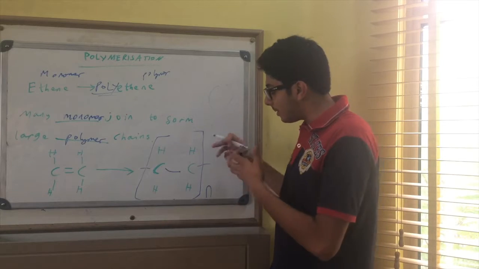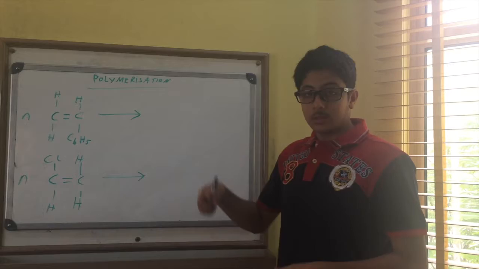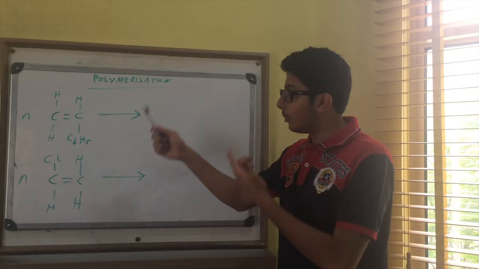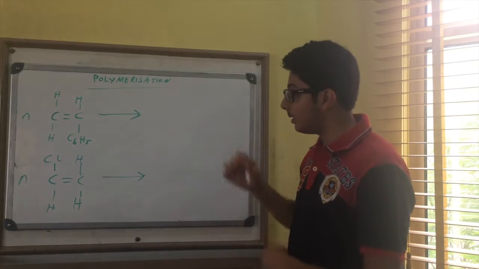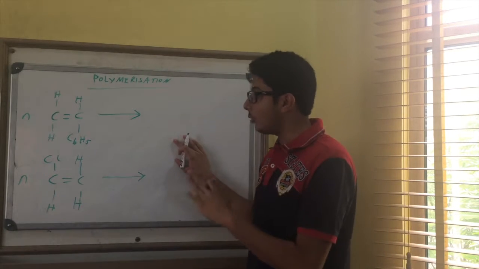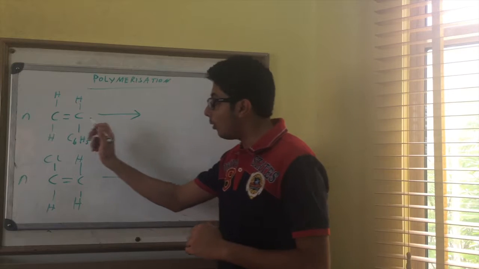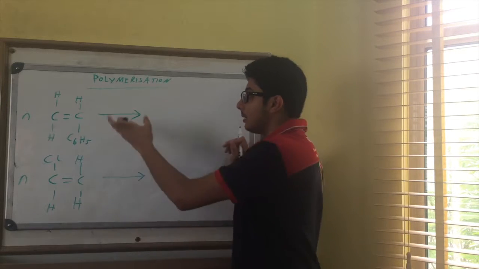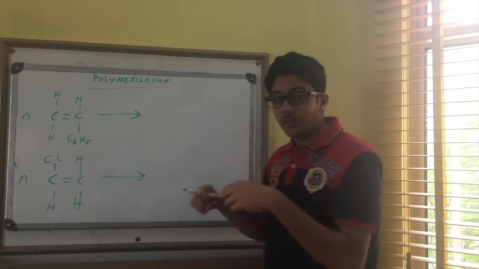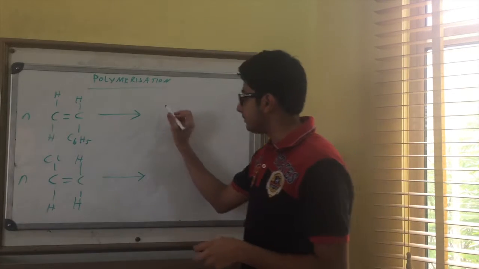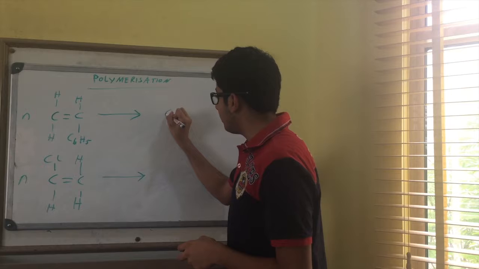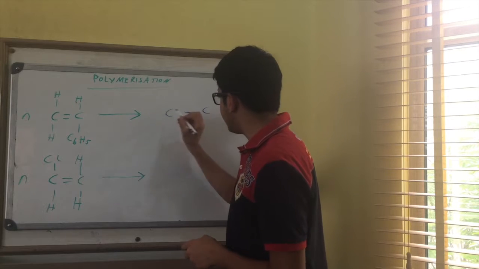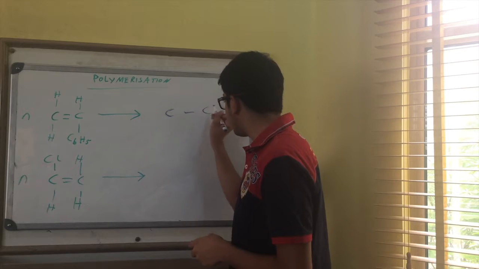Let's do some more just to practice. So here we have the monomer styrene. And you should know that monomers are always alkenes with double bonds. Now, let's draw what we call the repeating unit. So first of all, you have to have a single carbon-to-carbon bond.